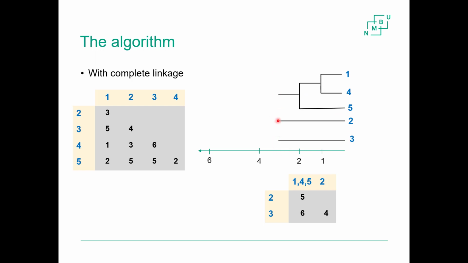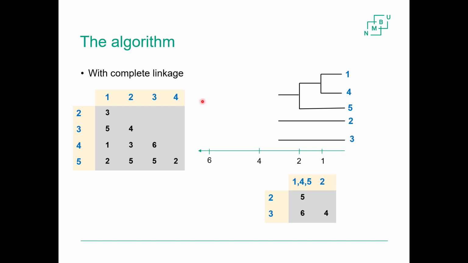So where should you cut? Well, that depends also on how strict you want to be with your clusters, right? And you have to adjust this to the distance metric you used and to the linkage function you used. For instance, with this complete linkage, if you cut at the distance 3, then you can actually guarantee that within a group, no member can be more than 3 in distance from any other member, right?